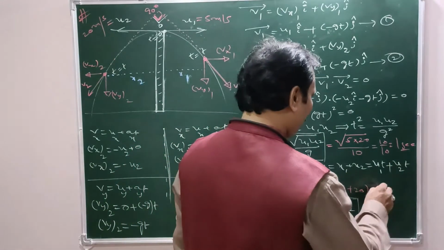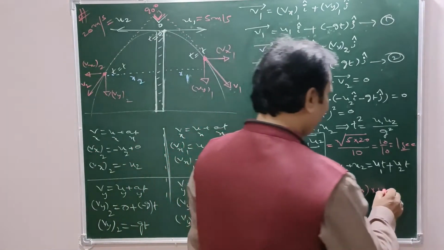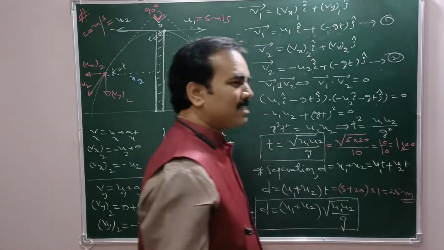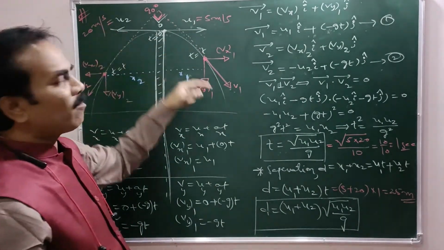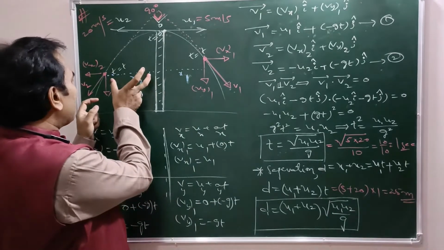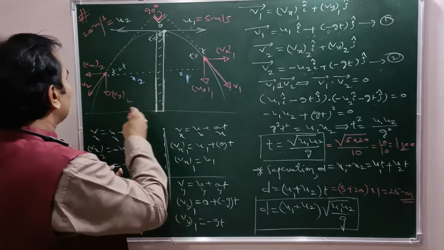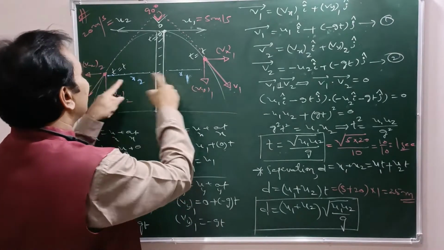So into 1, that is 5 plus 20, 25 meters. This is the separation between these two projectiles when they move perpendicular to each other. See, x2 plus x1, otherwise x1 plus x2, this is the separation between these two.